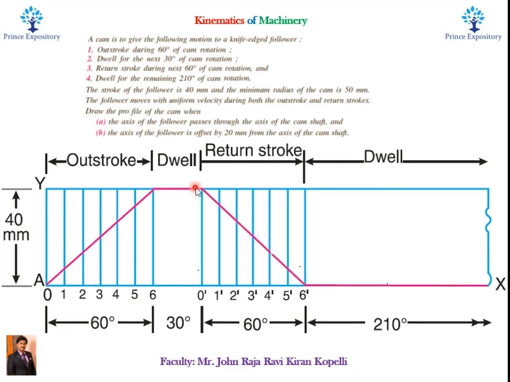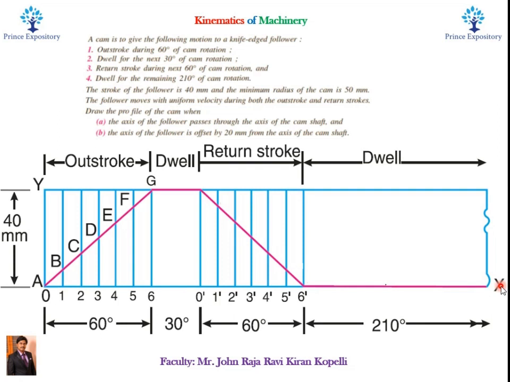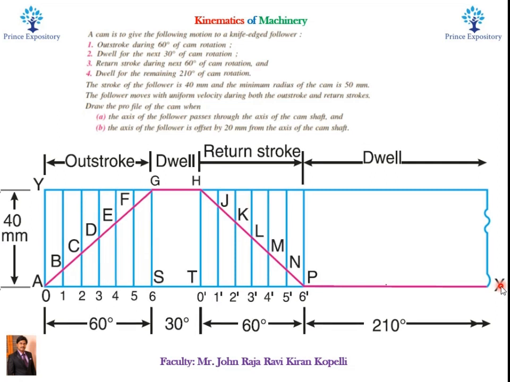And again, the follower returns back to its original position maintaining constant or uniform velocity. And then for the remaining 210 degrees, the follower will not have any displacement. So this is how we will be drawing the displacement diagram, and then indicate the intersecting points of the divisions of this pink line during the outstroke as well as the return stroke.